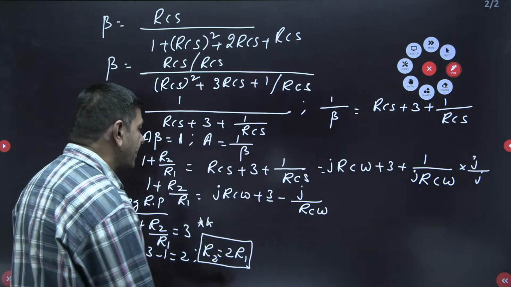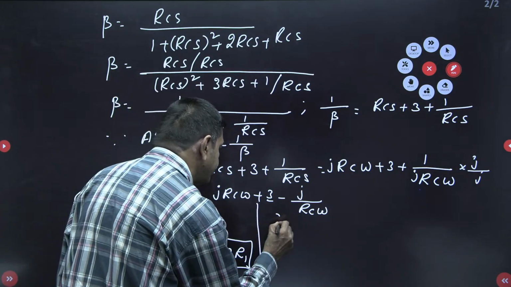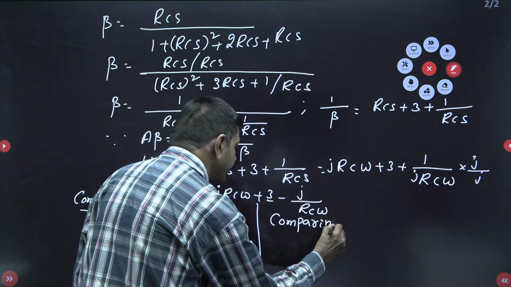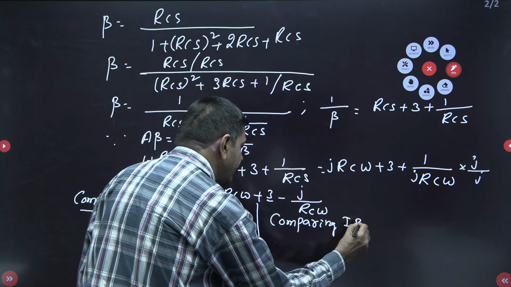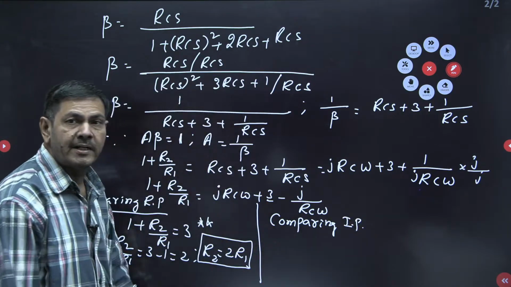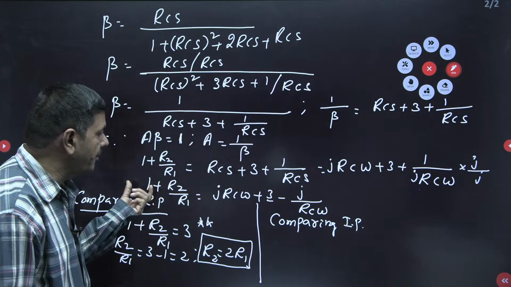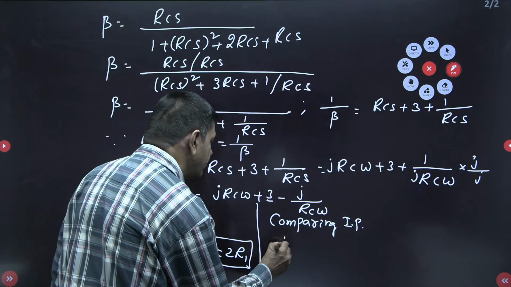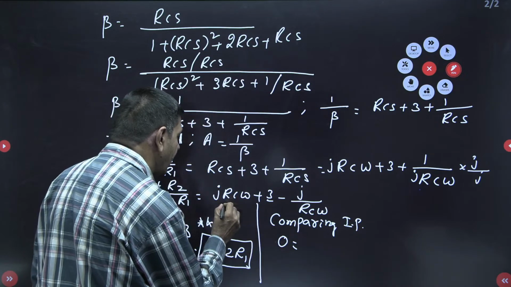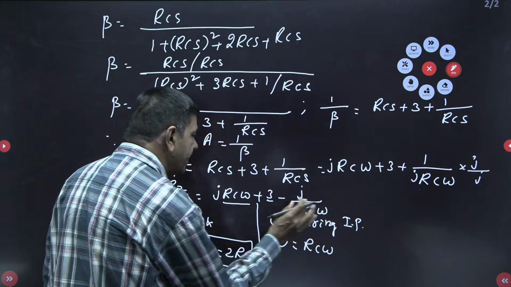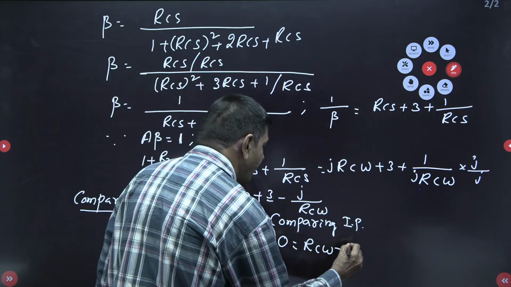And the next one is comparing the imaginary part. If the imaginary part is compared, you will get the frequency only. Comparing the imaginary part: this side doesn't have any imaginary part, so I can put 0. This side I got RC omega, and this side the imaginary part is nothing but minus 1 by RC omega.